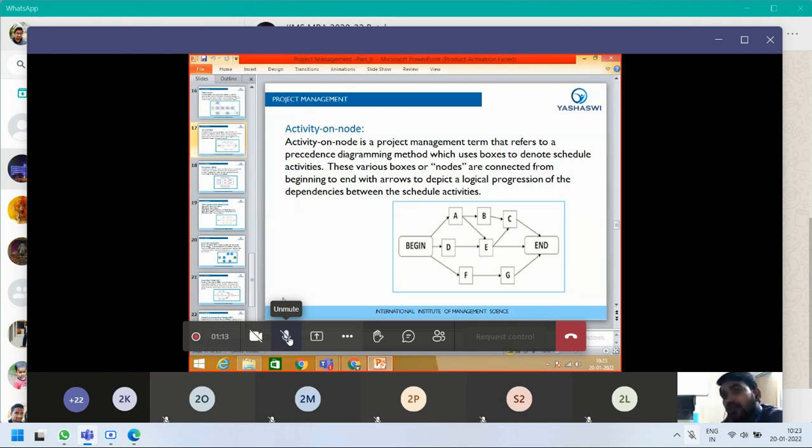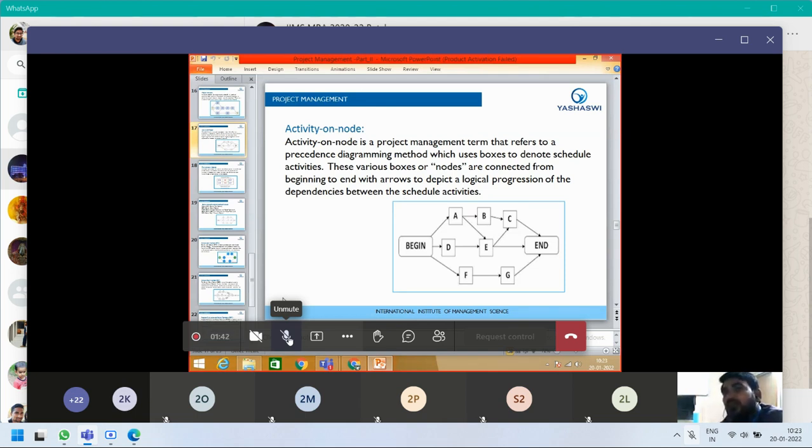It is nothing but activity on the nodes. Activity on node is a project management term that refers to a precedence diagramming method which uses boxes to denote scheduled activities, the sequential operations of the project or product.